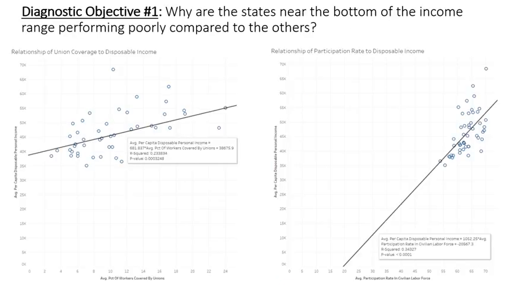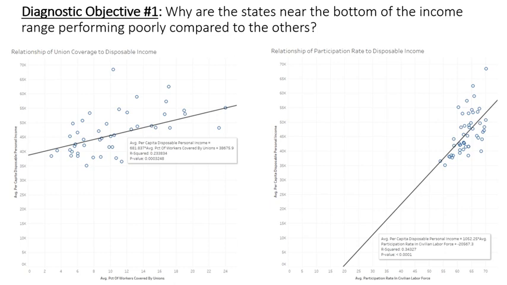In our diagnostic objectives, we give a why to the data. So in this first objective, we were tasked with understanding why certain states perform better compared to others. On the far left, we see a graph of union coverage to disposable income and see that, as the R-squared value indicates, about 23% of disposable income can be predicted by union coverage.